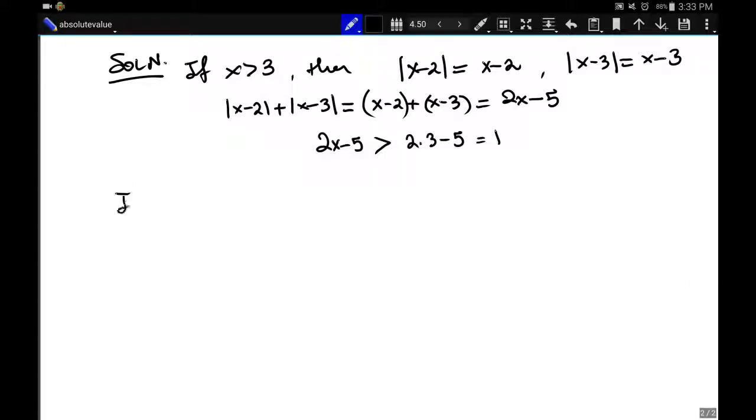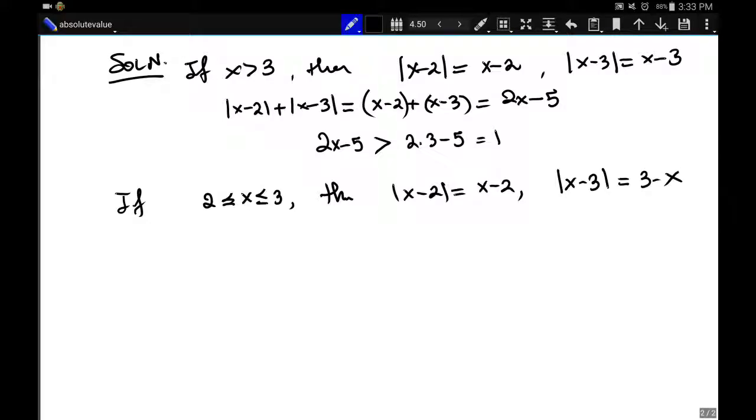Suppose that x is between 2 and 3. Then x is still bigger than 2, so x − 2 is positive. But x − 3 is now negative because x is less than or equal to 3, so |x − 3| is equal to 3 − x. When x is 3, it is 0.